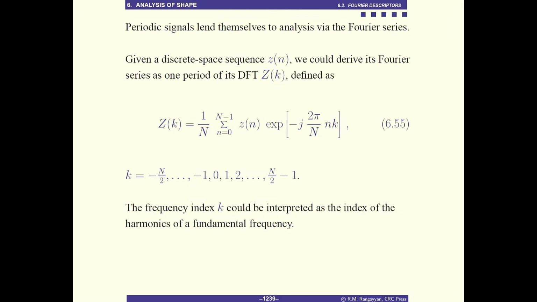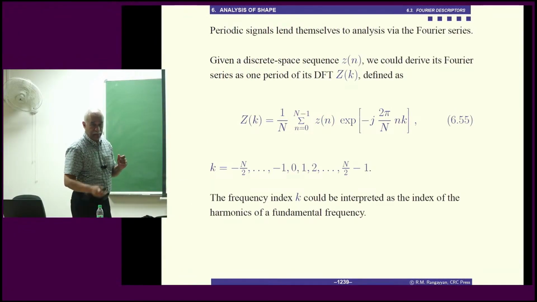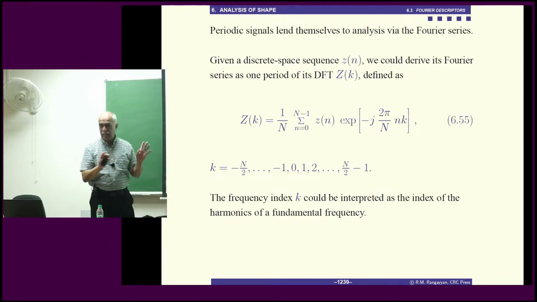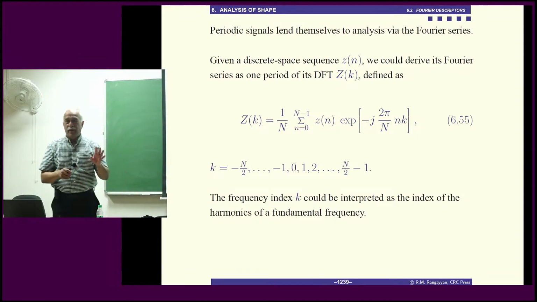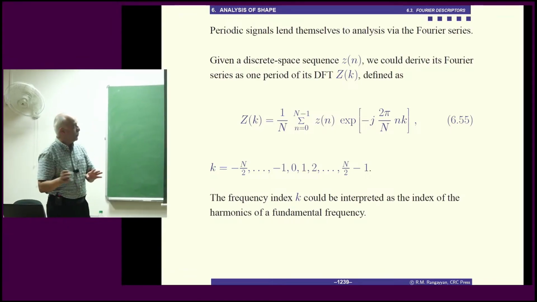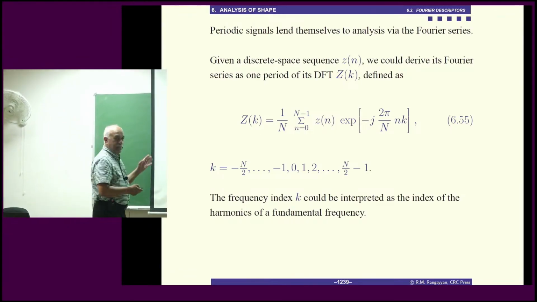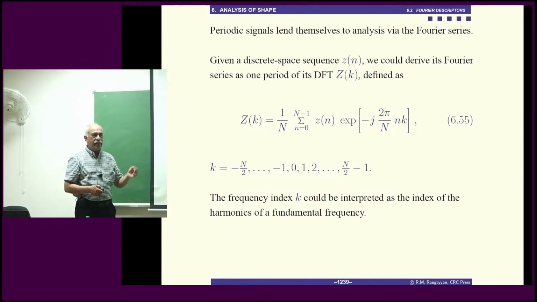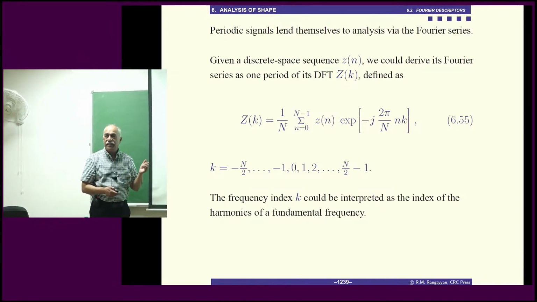The Fourier series now, known as Fourier descriptors, is expressed as capital Zk equals the sum of zn exponential minus j2 pi over n times k. DFT, that's all. N-point DFT. You have N points in the input, you have N points in the output. It is DFT, but the interpretation of the coefficients is that these are Fourier series coefficients because of periodicity.